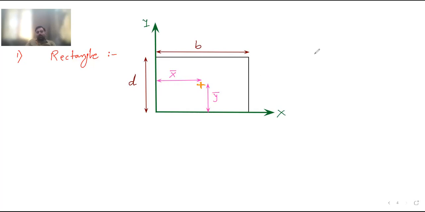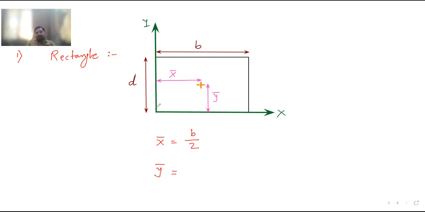So I will write the formula for x bar. If this total distance is b, then the centroid will be at the center. So this x bar will be b divided by 2, half of b. So x bar is b by 2. Then y bar. Y bar is this distance from the reference x-axis.